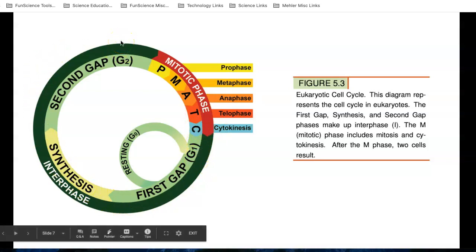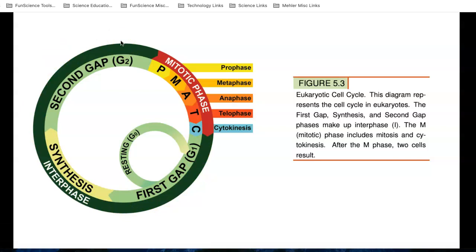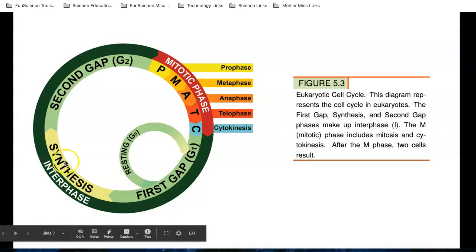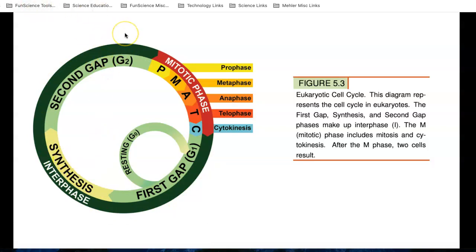We're going to see this in a little more detail in a second, but make sure you understand that this mitotic phase, this is mitosis, this is where the nucleus itself is dividing, and this is the interphase where the cell spends most of its life, and the synthesis phase is where DNA doubles. We'll take a look at this a little closer, and we'll show you some actual pictures of it.